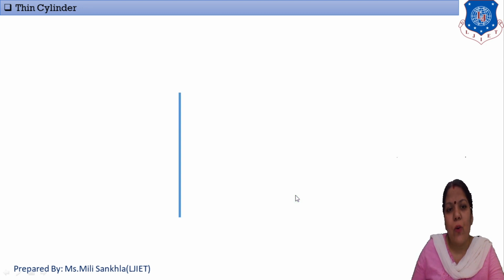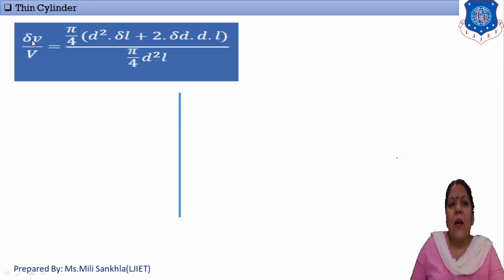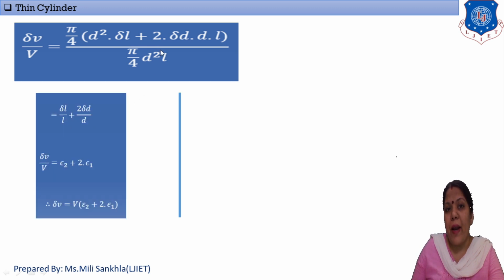Now next, δV divided by V, that means this is volumetric strain. This δV is divided by volume, so ultimately this term is converted into the volumetric strain. Now π/4 d² into (2d δd L + d² δL) upon original volume, which is π/4 d² L. One by one divide the term.